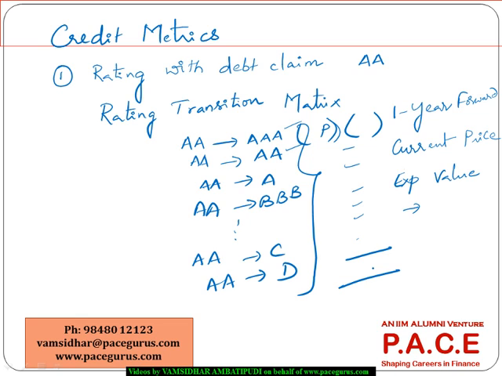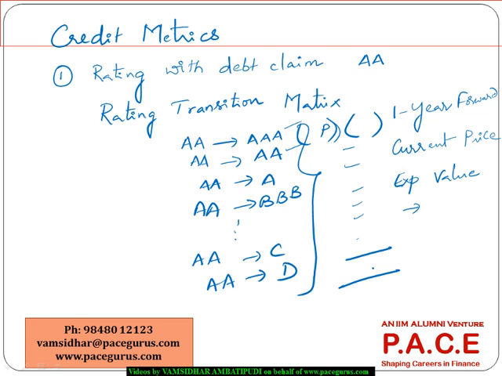And based on that I would also try to find out the transition probabilities, and based on the transition probabilities and the recovery rates I would try to find out what should be the expected value of this bond, and using the current price and expected value of the bond I would try to find out what is the credit VAR associated with this particular portfolio. So this is how I am using the credit risk mechanism to find out the portfolio value at risk.